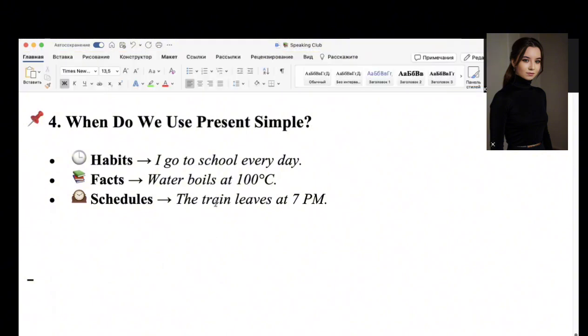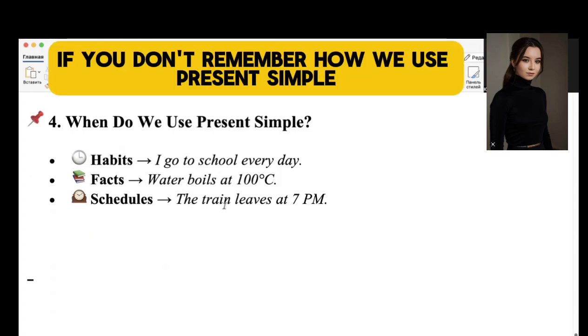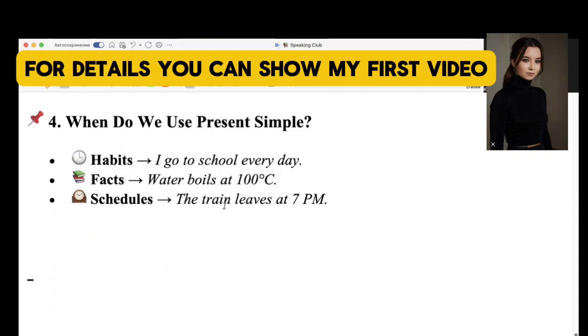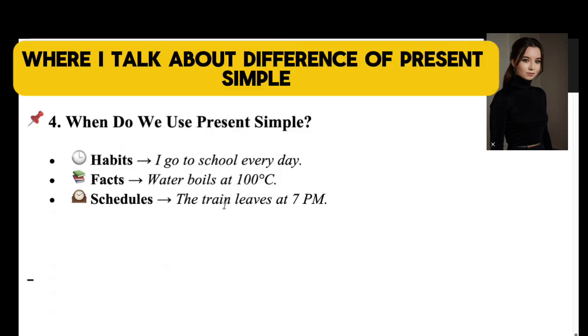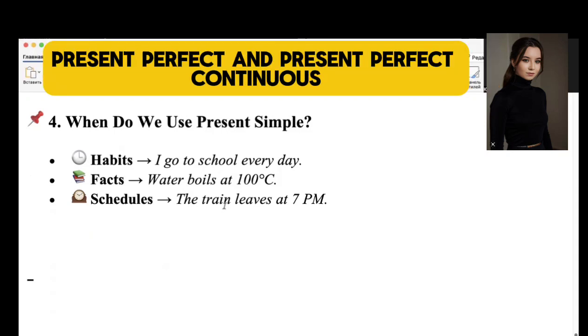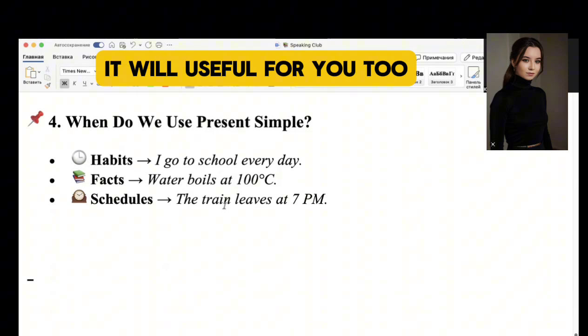And schedules: the train leaves at 7 p.m. If you don't remember how we use present simple and you want to review it in detail, you can watch my first video where I talk about the difference between present simple, present continuous, present perfect, and present perfect continuous. It will be useful for you too.